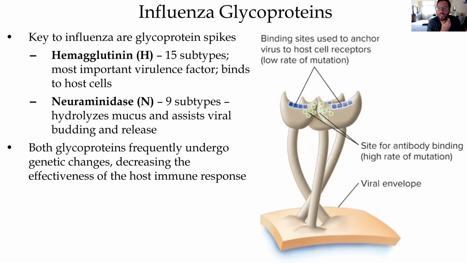Glycoproteins, right? We mentioned that glycoproteins are just sugar and protein. Glyco, sugar, protein, obvious. And so these are going to be the hemagglutinin and the neuraminidase. There are 15 types of hemagglutinin. There are 9 types of neuraminidase.